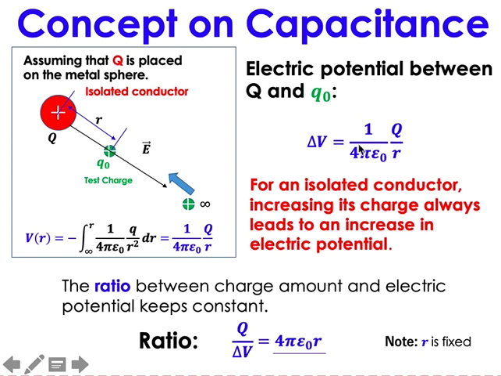It is equal to 4 pi epsilon 0 R. Because R is fixed as we just add more electric charge, this is constant. This constant is called capacitance.